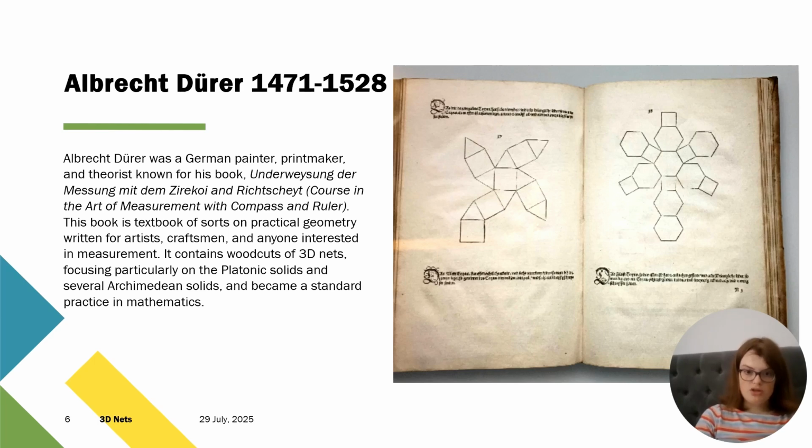In his book, known in English as The Course in the Art of Measurement with Compass and Ruler, he guided different sorts of craftsmen and artists and anyone basically interested in measurements by containing the world's first 3D nets. And these focus particularly on the Platonic solids and several of the Archimedean solids that I've just gone through. We still use this practice today.